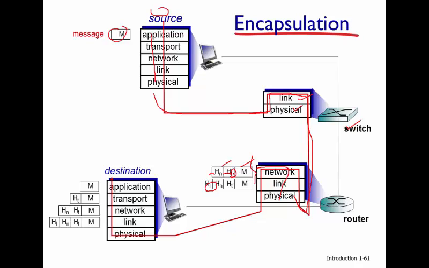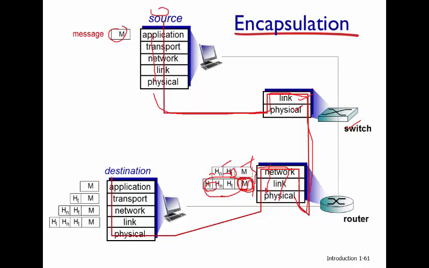This is T for transport layer, N for network layer, L for link layer. As it goes down, more headers are attached to it. They're all headers. M is only the payload. This is the message that you want to send.